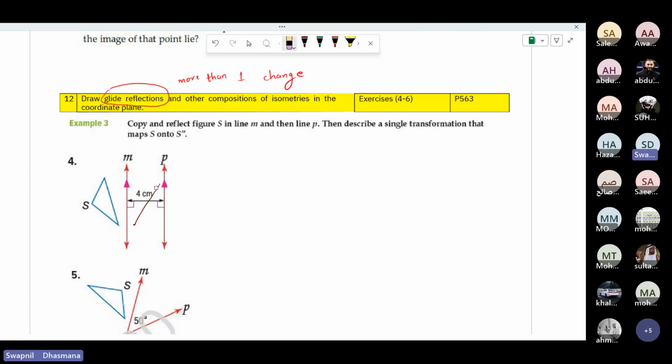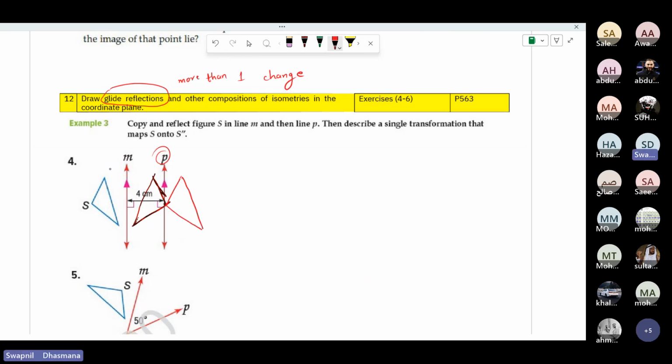Let's do it. It will look something like this. And then if I reflect it again across P, it should look something like this.